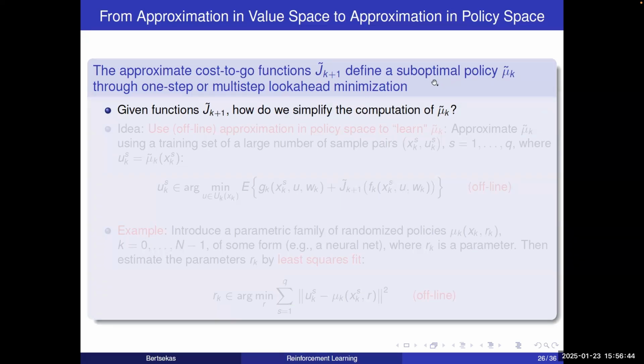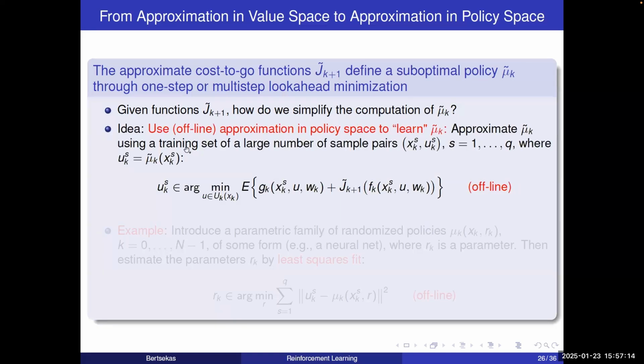And it is through this minimization that we define a suboptimal policy mu tilde, through one-step or multi-step look-ahead minimization. What if this one-step or multi-step look-ahead minimization is still too much to compute in real time? Because after all, it involves expectation and minimization. How can we make this calculation simpler?